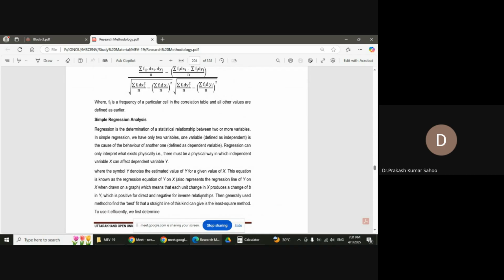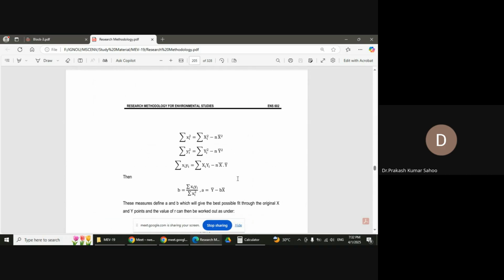There must be a physical way in which independent variable x can affect dependent variable y, where symbol y denotes the estimate value of y for a given value of x.